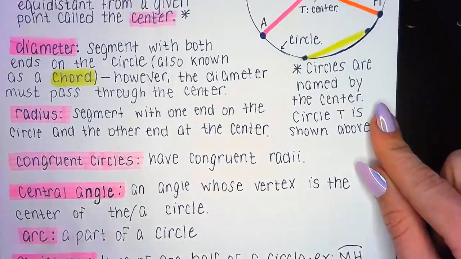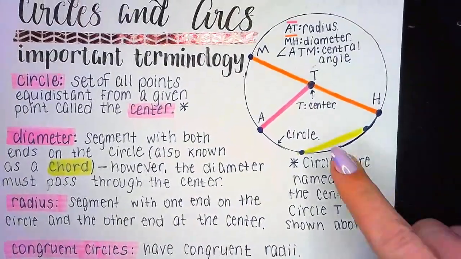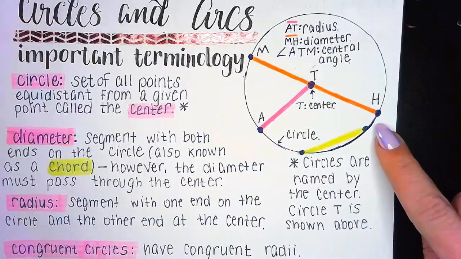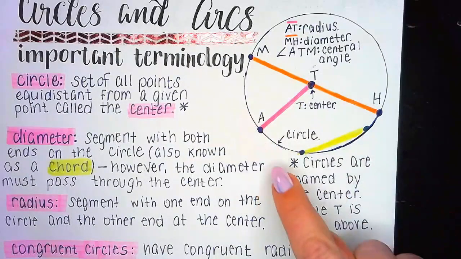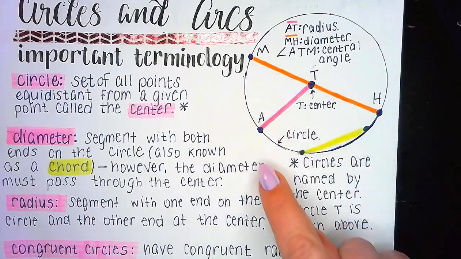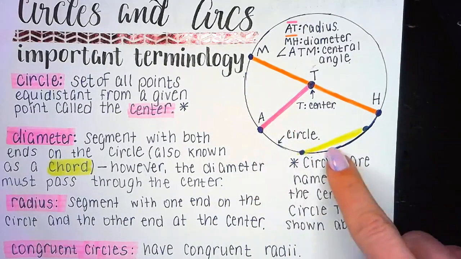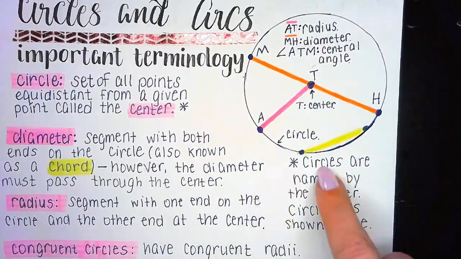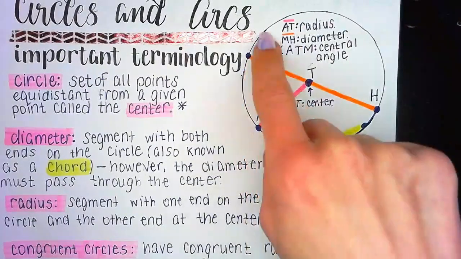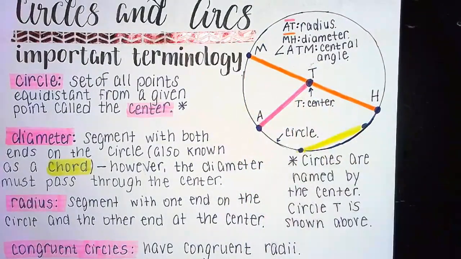Where's MH? MH are the endpoints of the diameter. So the arc over here, we might be able to even say MAH. I probably should have written it with 3 letters. And MH would really then be that one if there's no other point, and MAH would be that one, but they're the same measure, they're the same length.